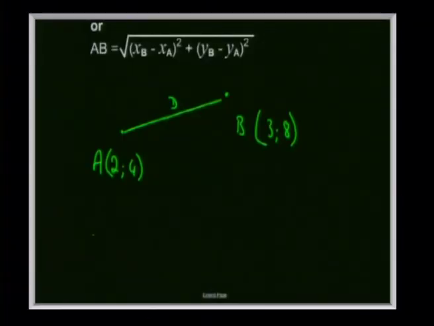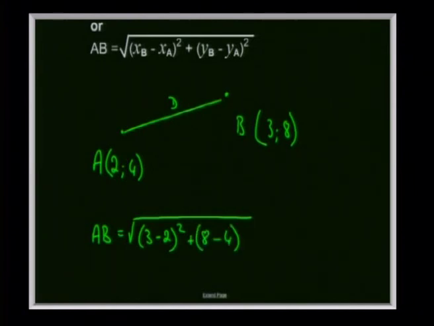So the distance AB is equal to the square root of, I'm going to use point B as my first one, just like the formula on this tablet has got it, so I will have (3 minus 2) all squared plus (8 minus 4) all squared.